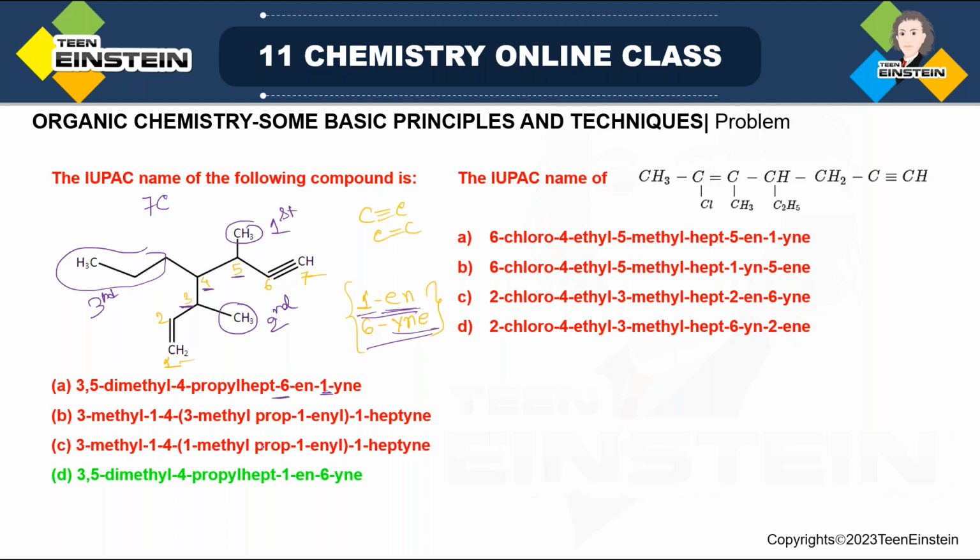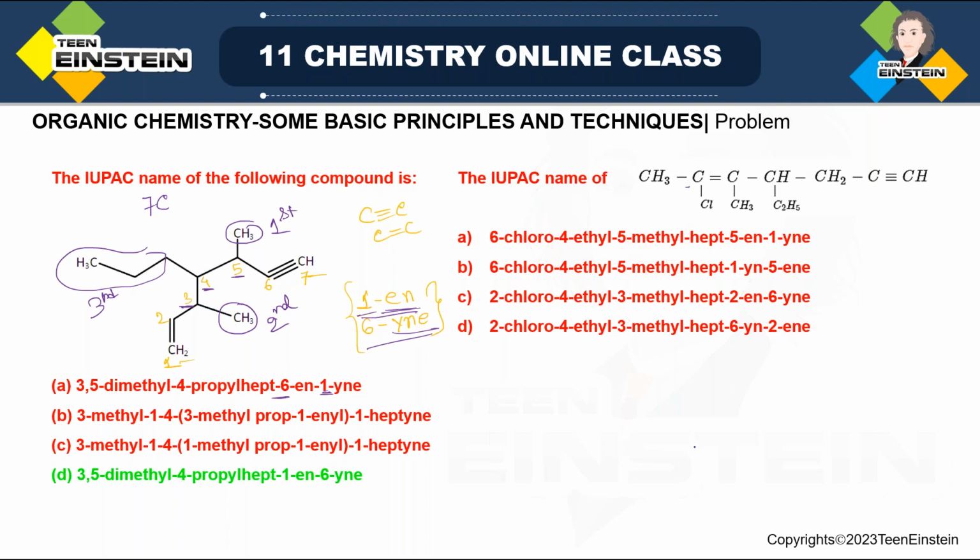Next molecule is this one. Now you can see the difference. In this molecule also, simultaneously there is presence of a CC double bond and a CC triple bond. Right. Now if I start the numbering from this side, then the double bond will get number 2.